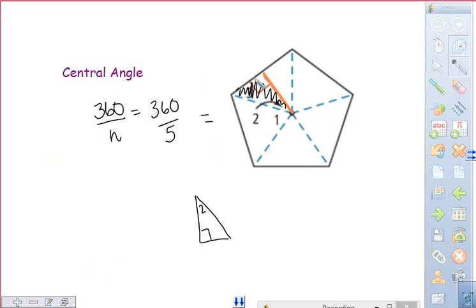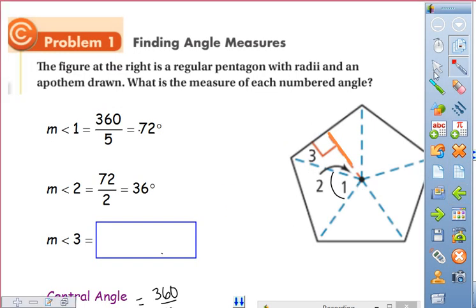So then what happens is this triangle that we're trying to find the measure of angle 3 in, I can kind of turn it so that this side would be the apothem, this orange side here, and I need to find the measure of angle 3. So I have a right triangle, and I just found out that angle 2 is 36. So then what I can do is think, what does the whole triangle add up to?